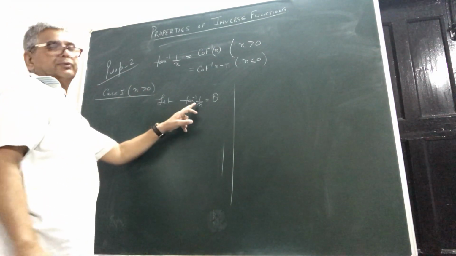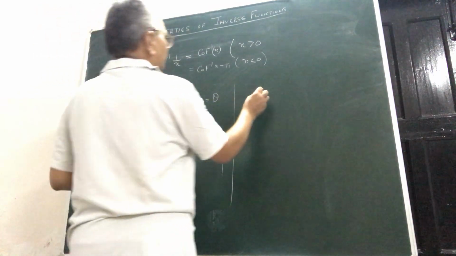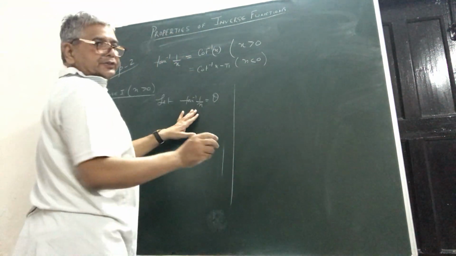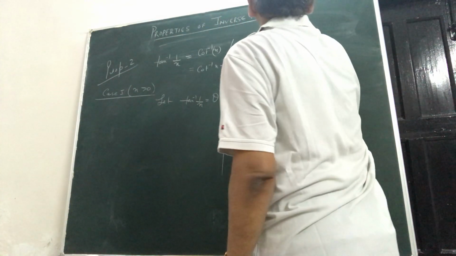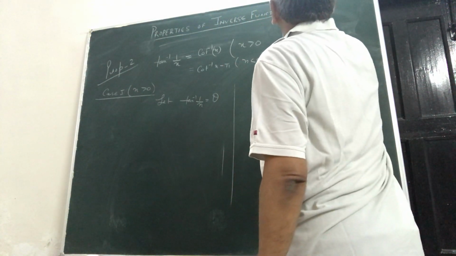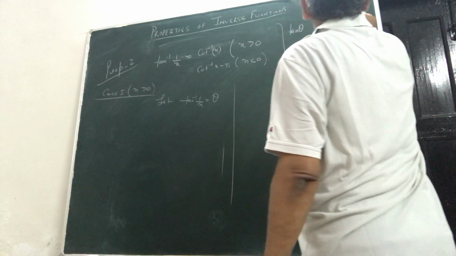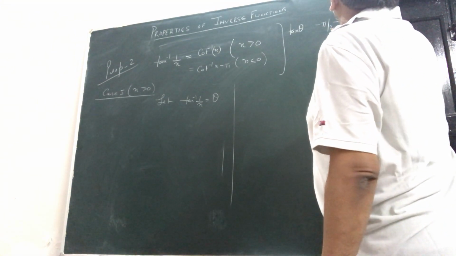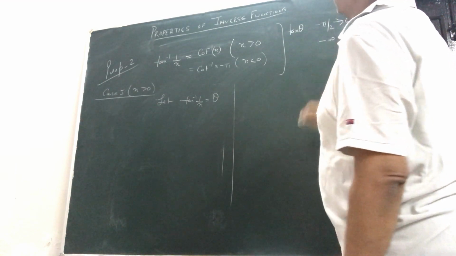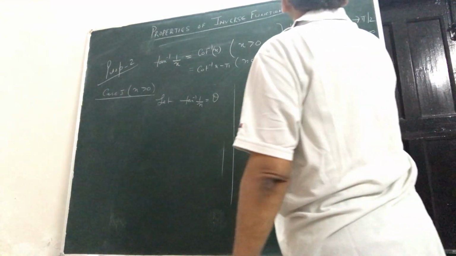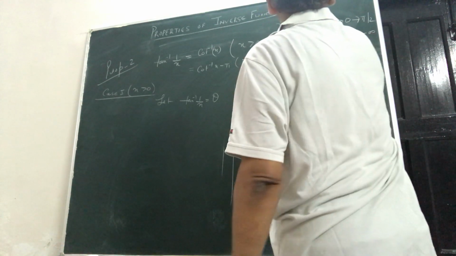If x is positive, 1 by x will be positive, so it will lie between 0 and infinity. For tangent theta, the principal branch is from minus pi by 2 to pi by 2, and the values acquired are from minus infinity to plus infinity. So these are the values. For tan inverse theta, the principal branch will be like this.